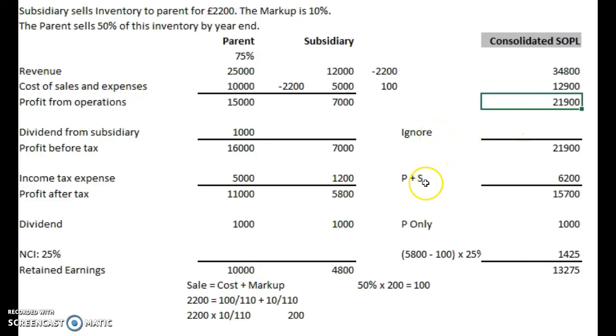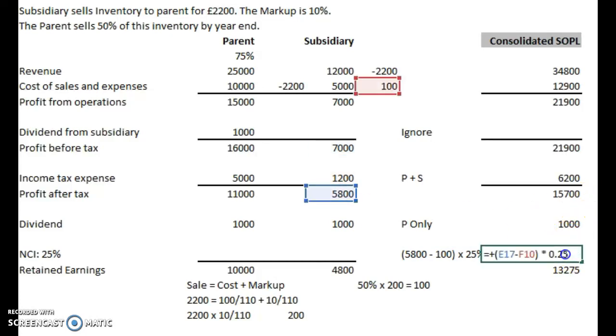Ignore the dividend, add in the tax. That's the parent's only dividend going out of the business. This is the NCI amount, 25% of 5,800 profit after tax, which it's due.